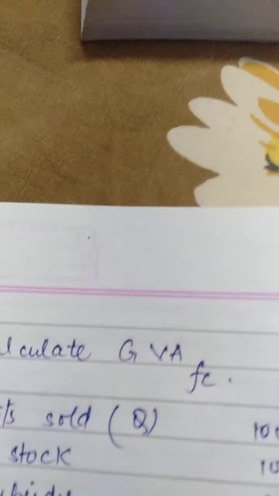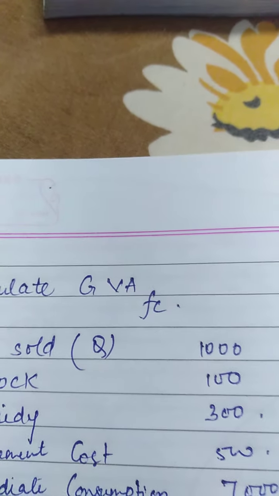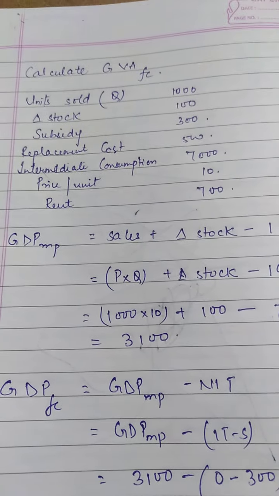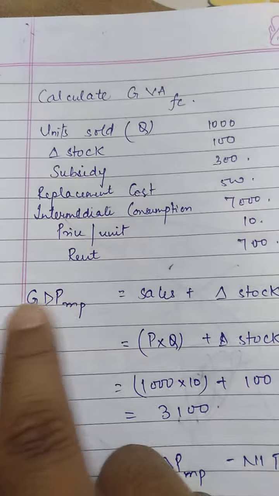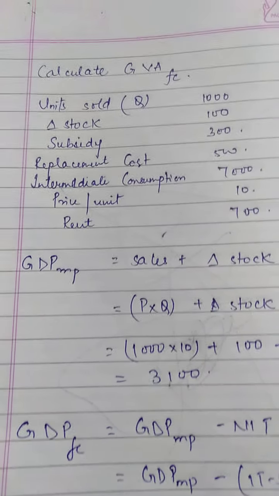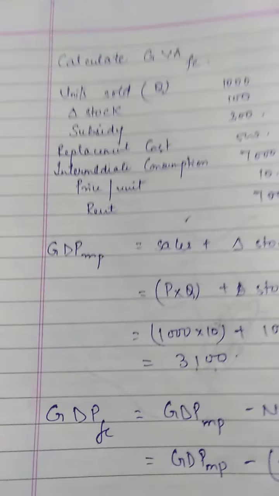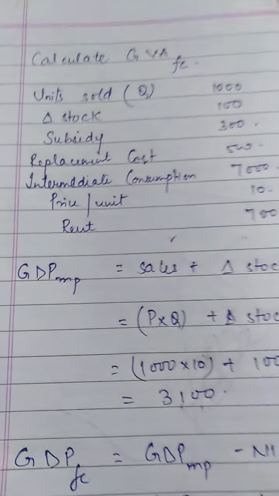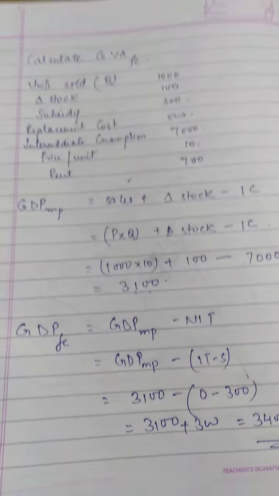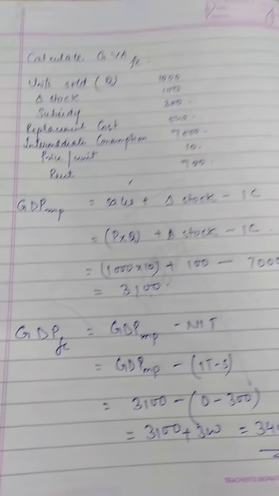Now in the question you have been asked to calculate GDP-FC, and you have found out the value of GDP-MP, which is 3100. Now you need to convert this term into this term, but you can see the first terms, GDP and GDP, are the same, but the change comes over here, where you have calculated on a market price basis and you need to convert it into a factor cost basis.